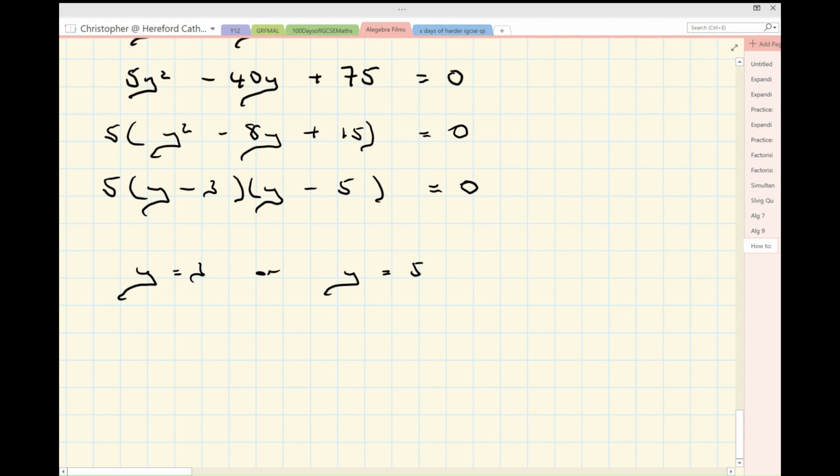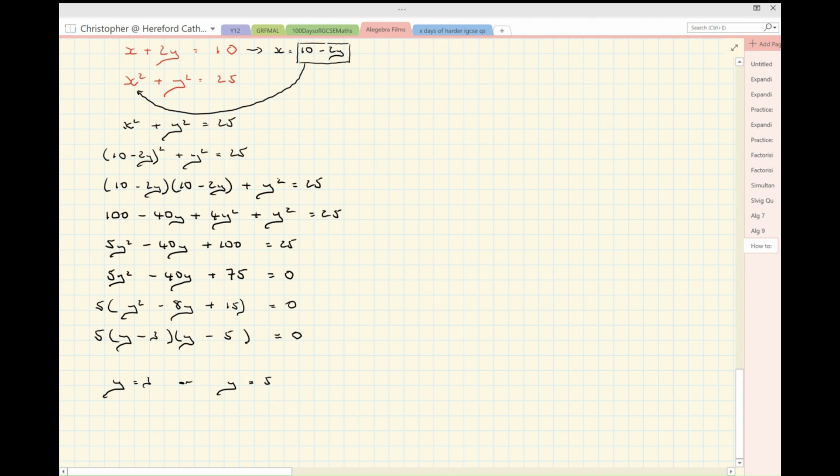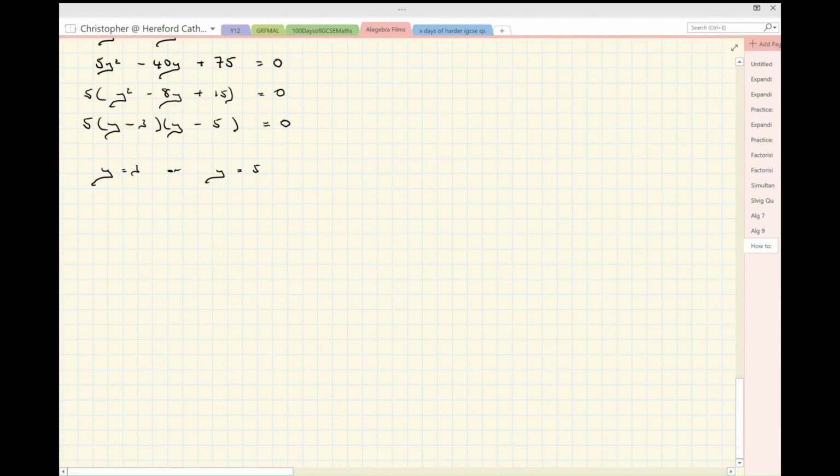Okay, now each of those values for y is going to give me a value for x. How am I going to find that value for x? Well, I'm going to use this expression up here, because I know that x is 10 take away 2y. So if y is 3, then x is 10 take away 6, 4.